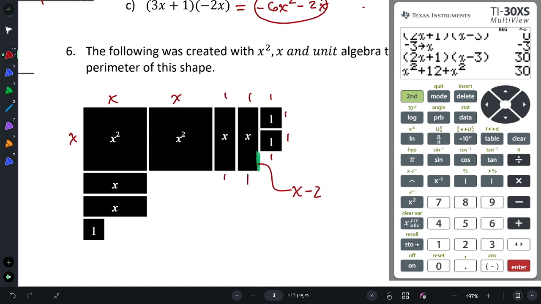This is 1 unit. This is 1 unit. This is x, 1, 1. Another interesting piece. This piece right here, I'll highlight in blue. That blue segment right there is x minus 1. And then I've got a 1, a 1, a 1, a 1, and a 1.